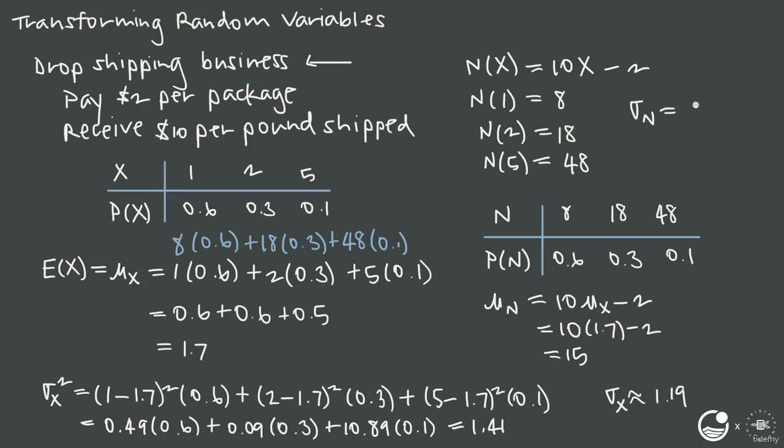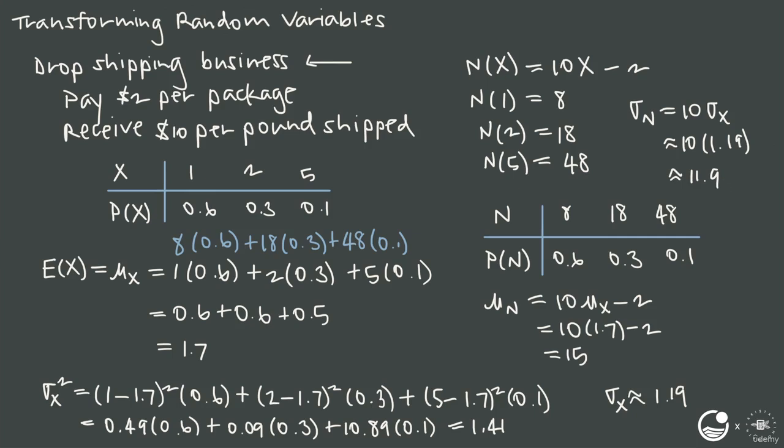So the new standard deviation is simply 10 times the old standard deviation with respect to x. We know that that was 1.19.